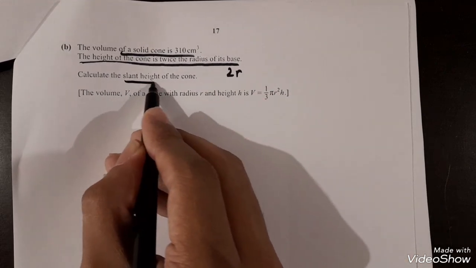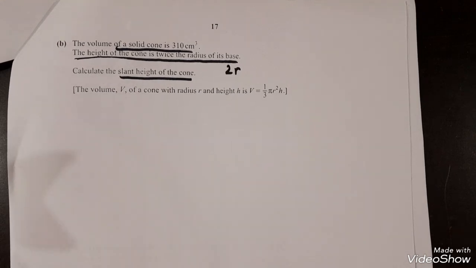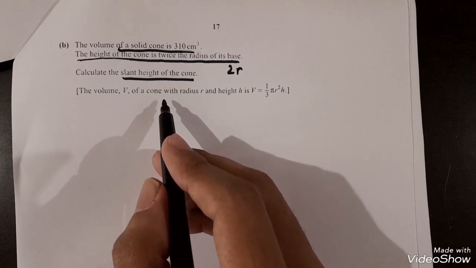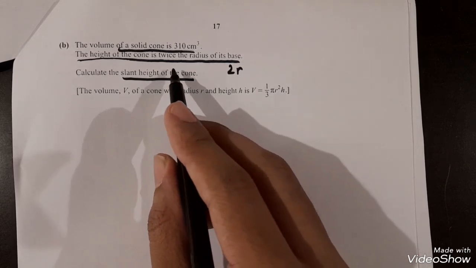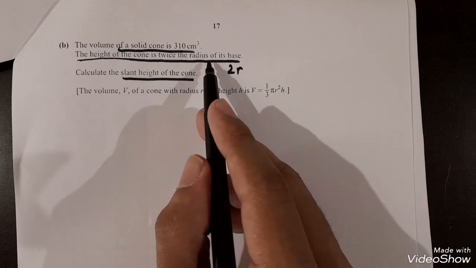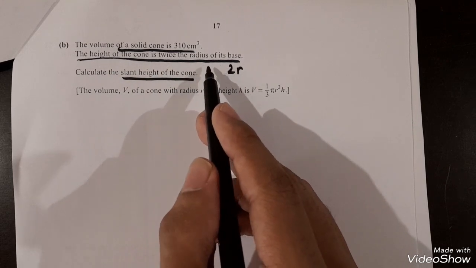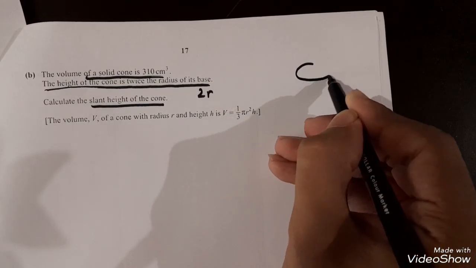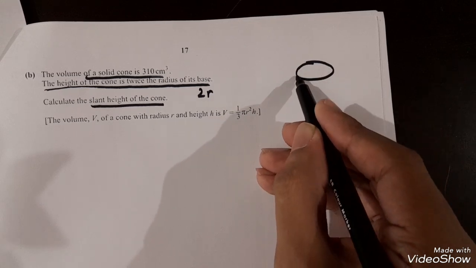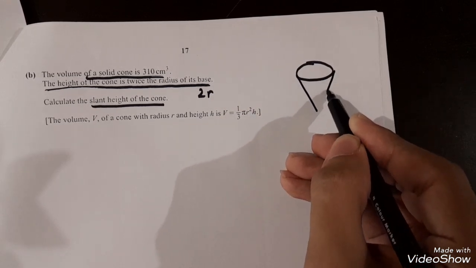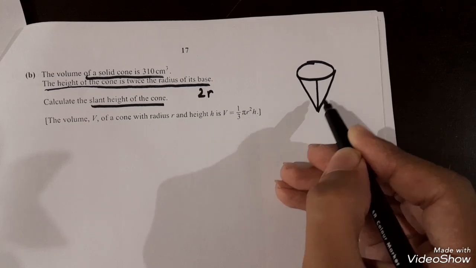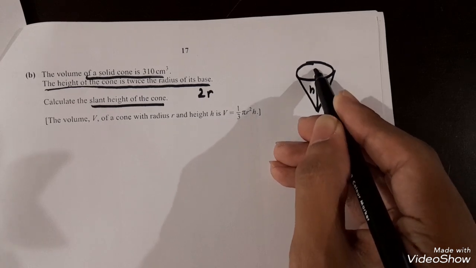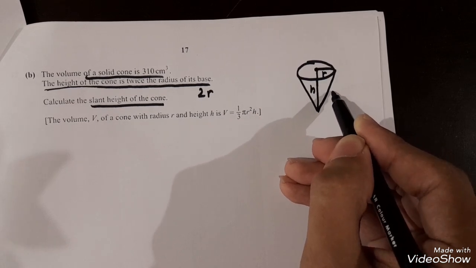Calculate the slant height L. First we will draw the cone like this. Now this is the height up to the center, this is the radius, and this is the slant length.